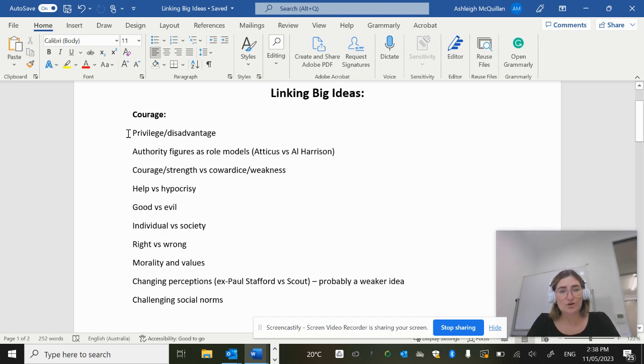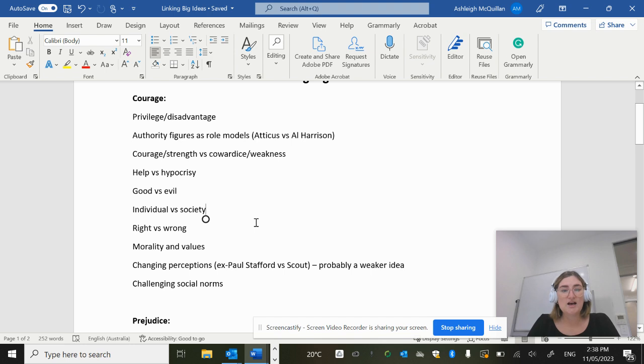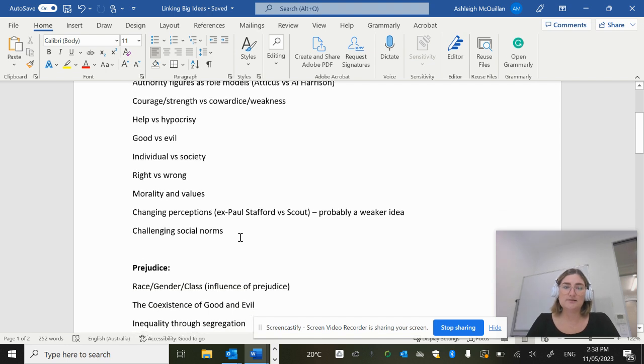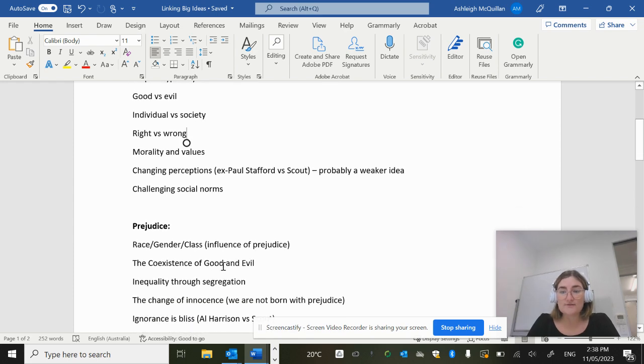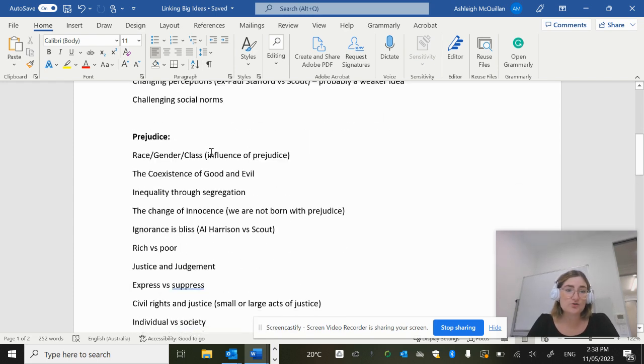So you could talk about privilege and disadvantage if you want. You could talk about strength versus weakness, moralities and values, good versus evil. So who are your good characters? Who are your evil characters? You could talk about characters that challenge social norms, characters that show morals and values versus characters who don't.